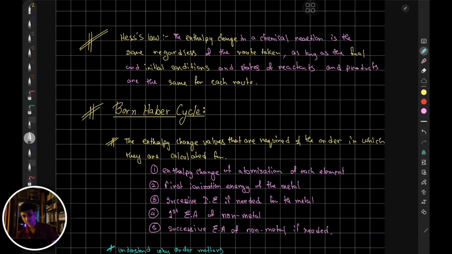So what did Hess's law state? The enthalpy change in a chemical reaction is the same regardless of the route taken, as long as the final and initial conditions and states of the reactants and products are the same for each route. So what does this mean?